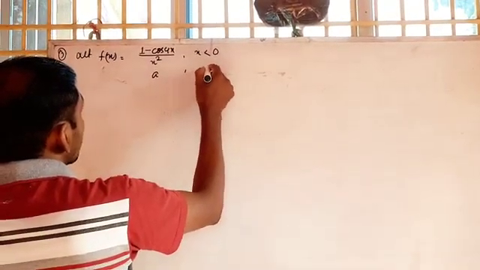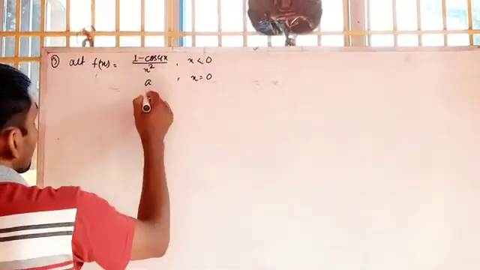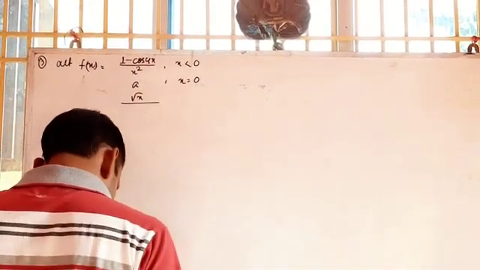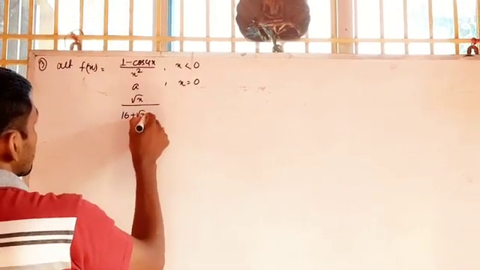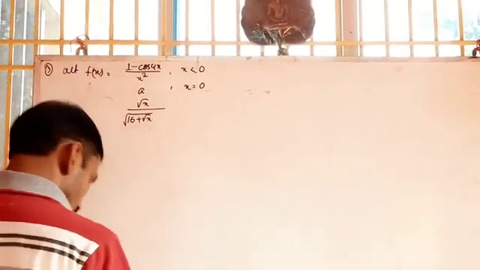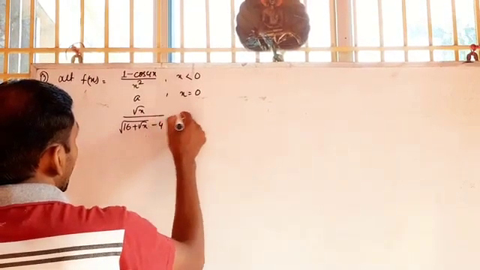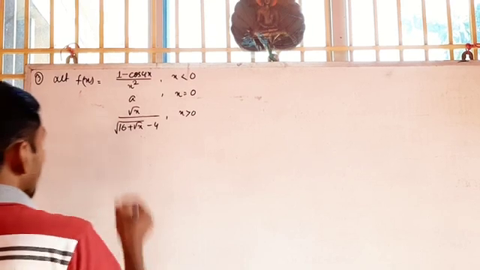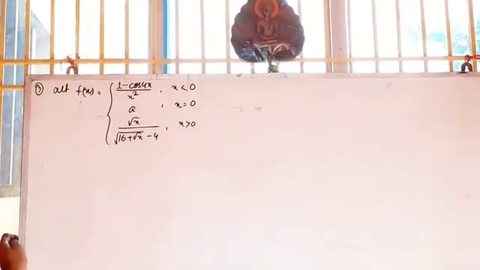This is a when x is equal to 0. This is square root of x by 16 plus root x whole root over minus 4 when x is greater than 0. This is the function f of x.